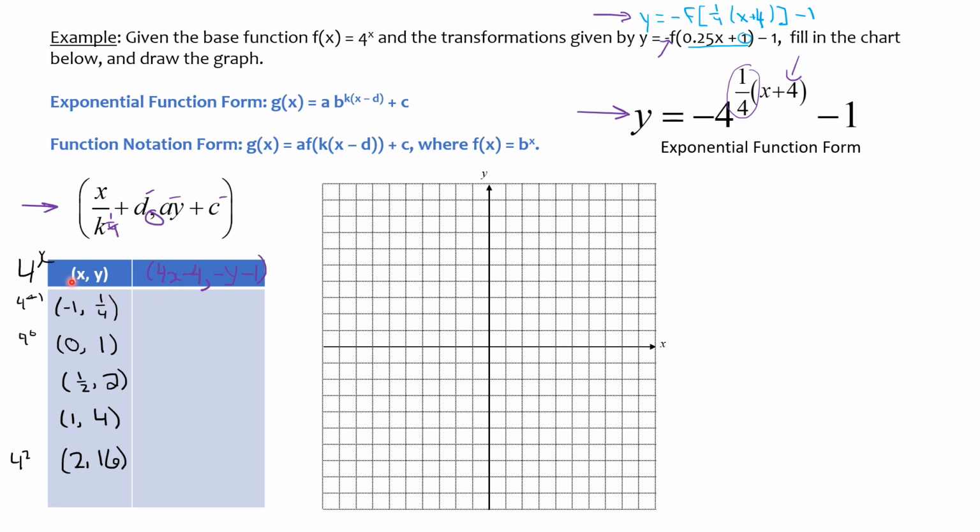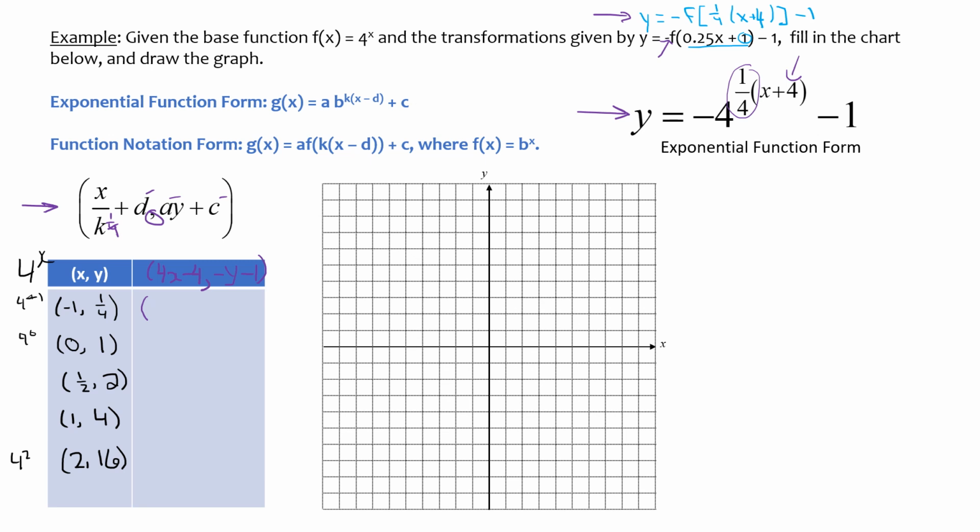So now I'm going to take what I had for x's and y's, and sub them in here for x, sub them in here for y, and I'm going to get all of my new coordinates that will be on my new function. So let me do the first one with you. -1 and 1/4. So I sub in a -1 into the x. So 4 times negative 1, that's negative 4.